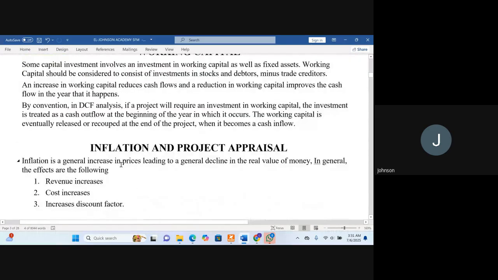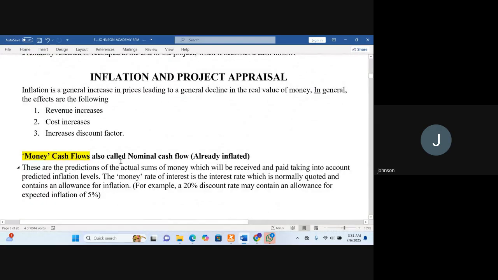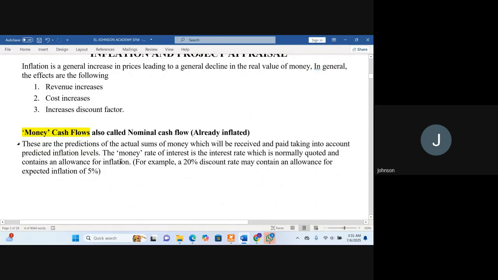But if you use that discount factor, you fail the answer, because the examiner expects that you should know how to calculate the relevant discount factor that will work for you.